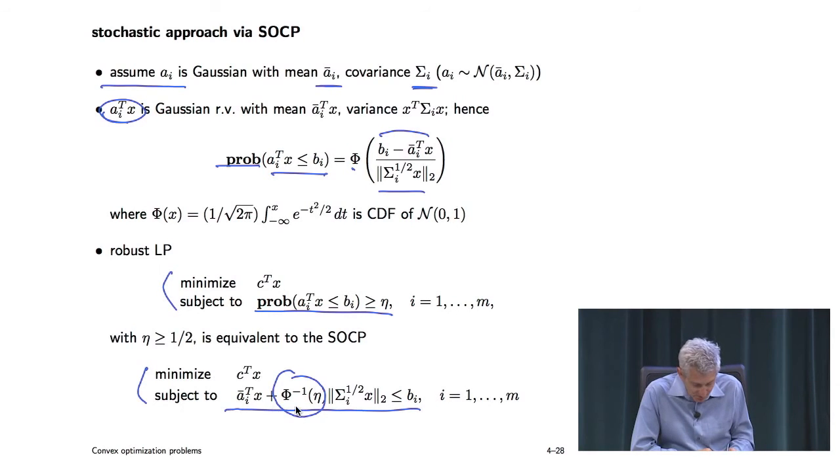Otherwise, if this is positive, that's a second order cone constraint, and that's exactly for eta bigger than 1/2, right? So it's quite beautiful what this says.